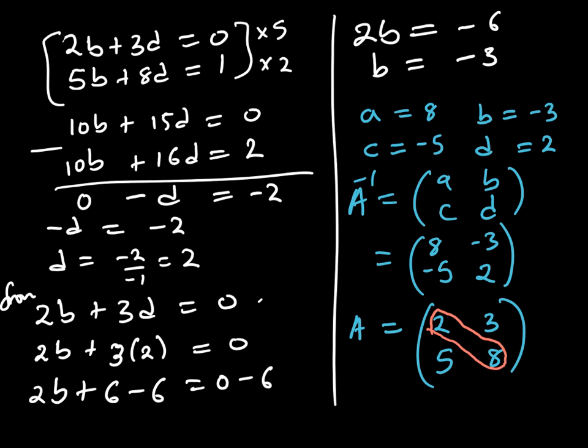And what has happened? The 2 has switched position, and the 8 takes the position of 2 to get the inverse. Look at this: 2 is here, and then 8 is up there in the inverse. So the two have switched positions. What about the secondary diagonal?